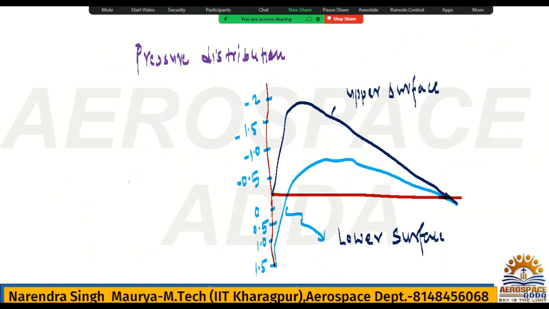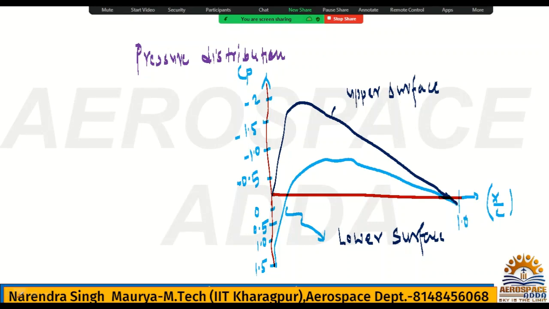So what is the meaning of it? I mean, why am I drawing this pressure coefficient here? This is the pressure coefficient Cp versus chord length, X by C. This value here is 1.0. 1.0 means you are talking about the whole chord length.